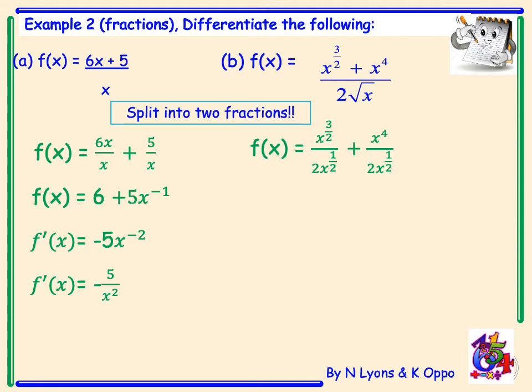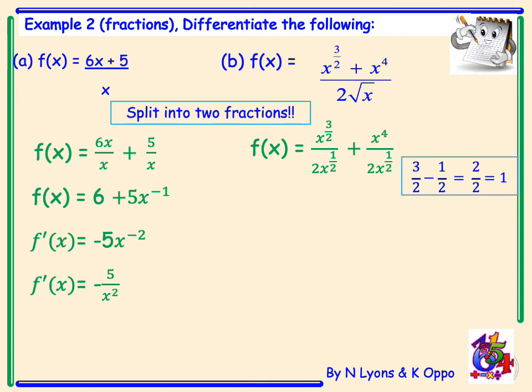Looking at the second example here, we will again split it into two fractions, but at the same time, we should also change our root x to x to the power of a half. Now, we will need to remember our rules of indices. When we are dividing letters, we take away their powers. So at the side of your page, we should do our work with our fractions.